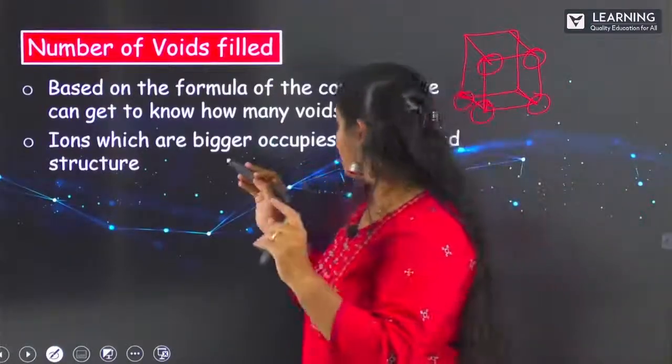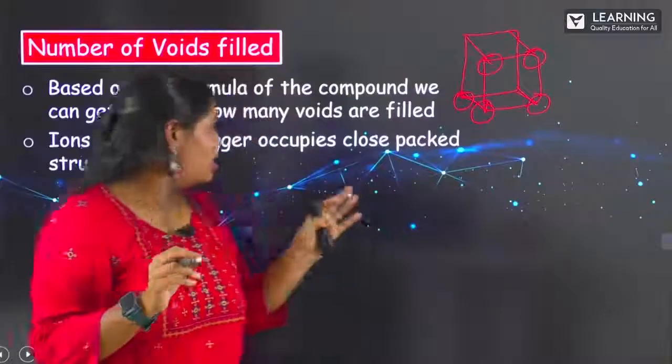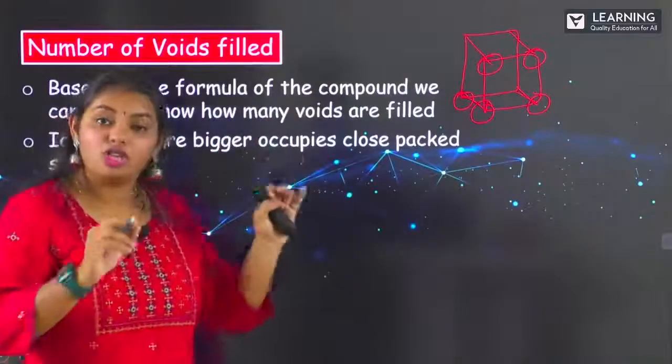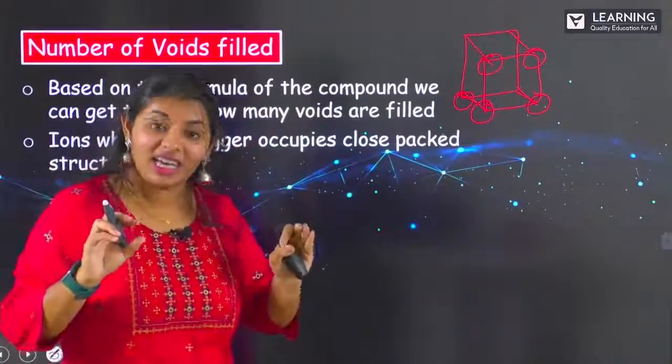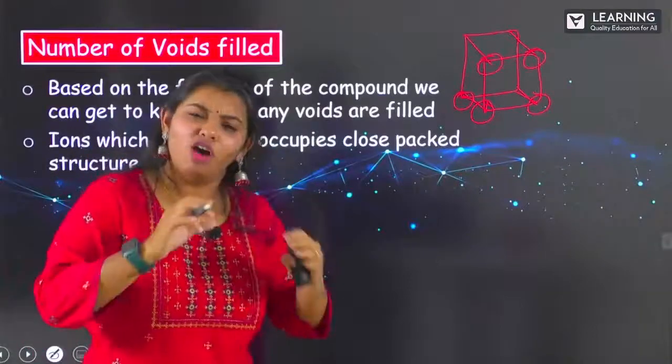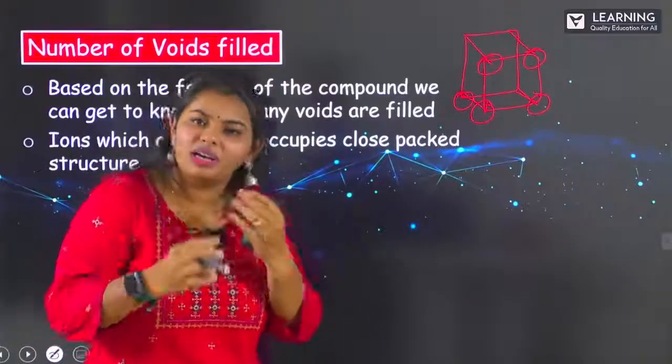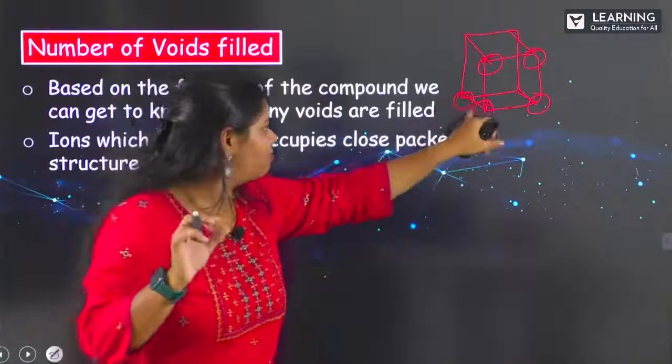Now, ions which are bigger occupy the close packed structure. So the close packed spheres will be covered by the ions which are bigger in size.